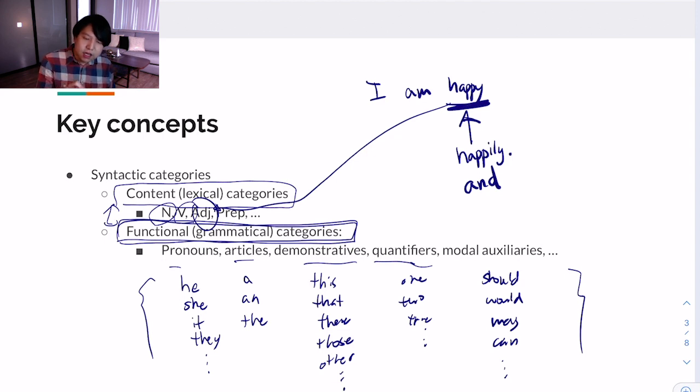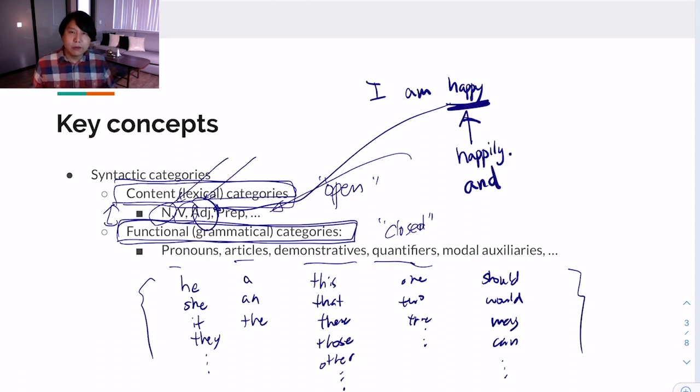And usually, content categories are open and functional categories are closed, meaning that a new word can be introduced into these categories, into noun and verb. Every day we come up with new words, new slangs with nouns and verbs and everything. But for functional categories, you do not create a new article. So let's say there's a person, there's the person, but you cannot come up with a new article like, well, there's a blah person.